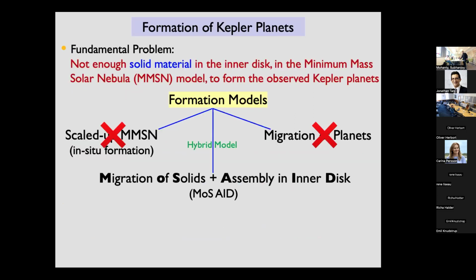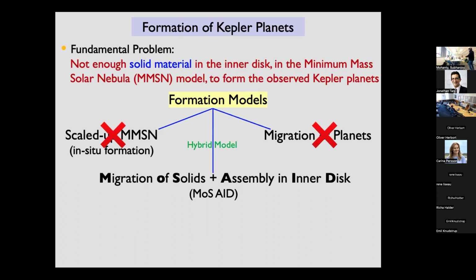So now what we do is we invoke a hybrid model. Okay, we say, essentially, in order to form these rocky objects, we need an enhancement of the solids in the inner disk. We don't need all that much gas, right? So if you have all these solids in the outer disk, why don't you get them inwards into the inner disk?